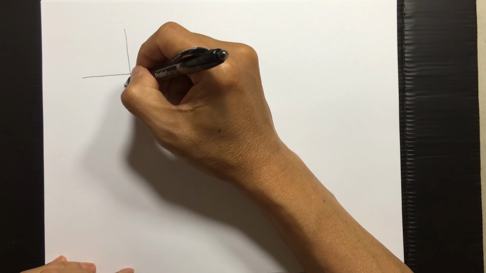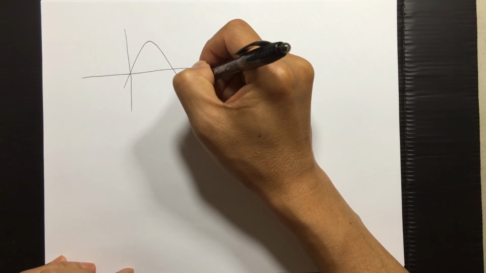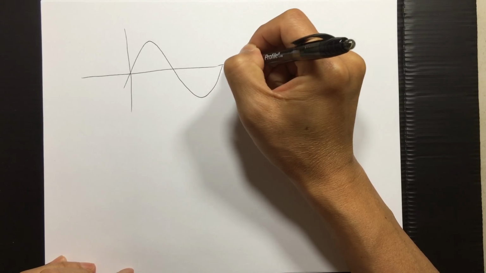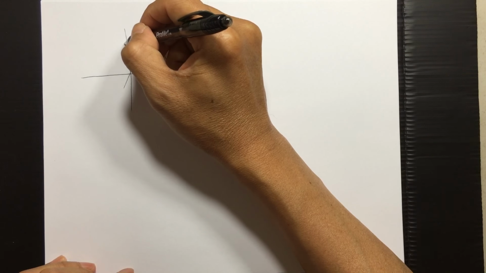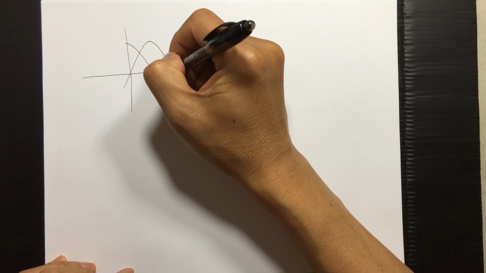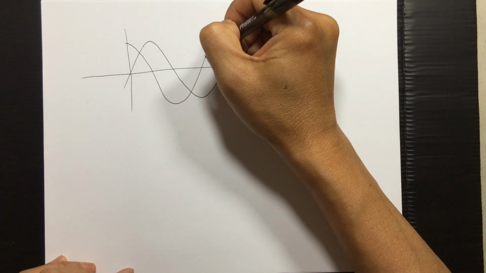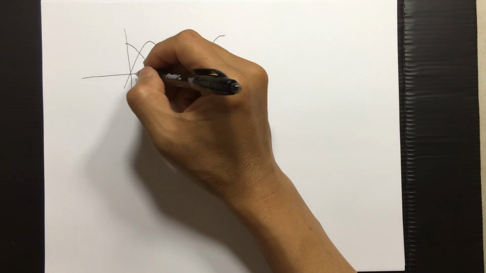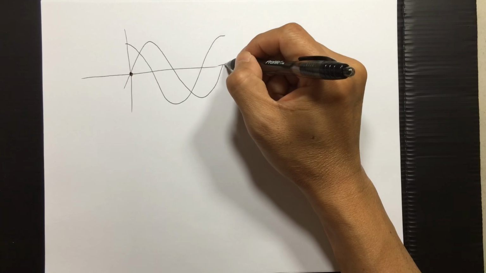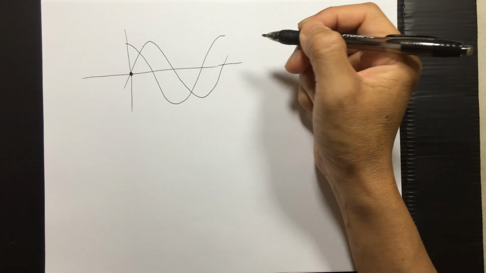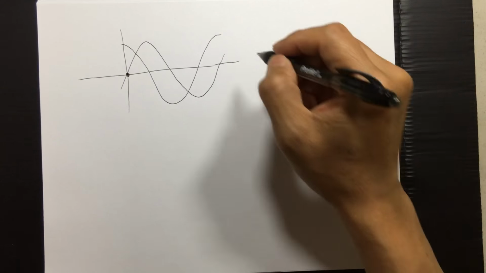Sine is like this, cosine is like this. That's cosine, that's sine. So what is omega t?